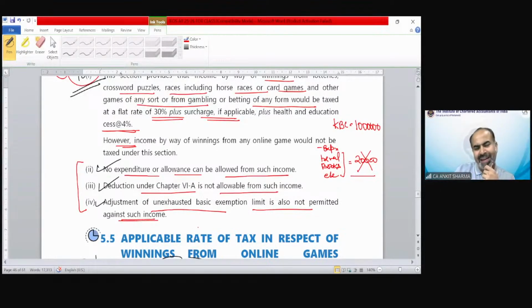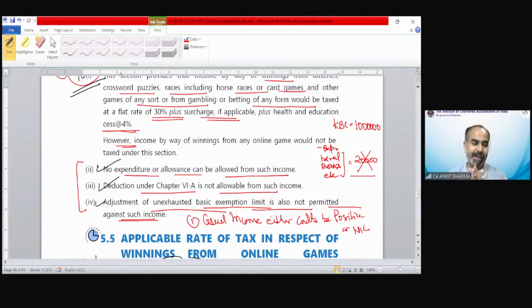Suppose I write a statement that casual income either could be positive or zero for all assessees. Is it true or false?